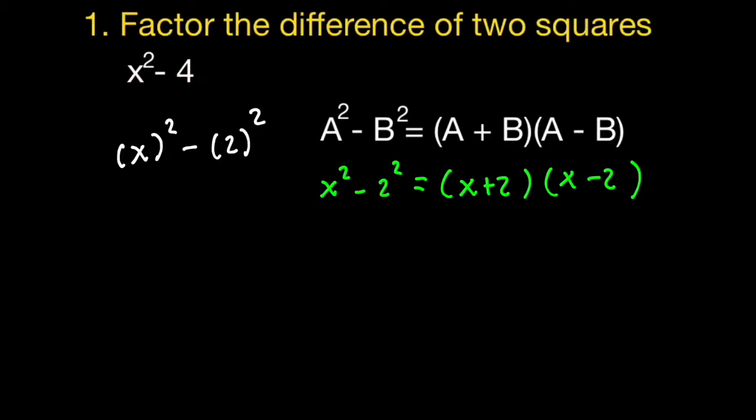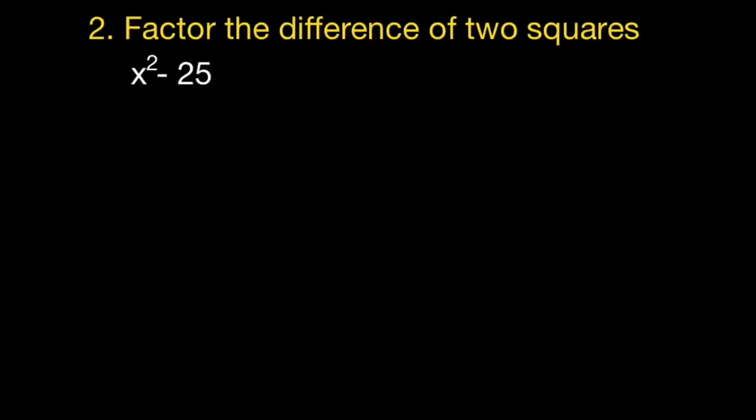Let's continue to practice with example number 2. Here we have x squared minus 25, and again, the key process is to be able to identify perfect squares. So the 25 can be rewritten as a perfect square because 5 multiplied by itself gives 25.